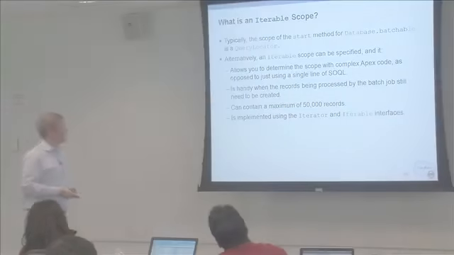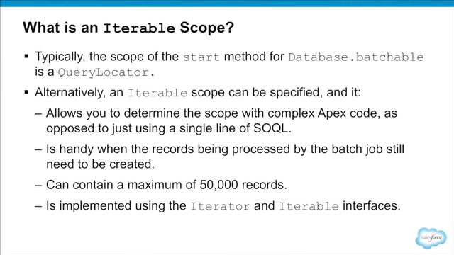What you can do is there's this other option, which is to supply a class which implements Iterable. And what Iterable is all about is returning an iterator, and inside the iterator class is a hasNext and a next method that you need to implement.